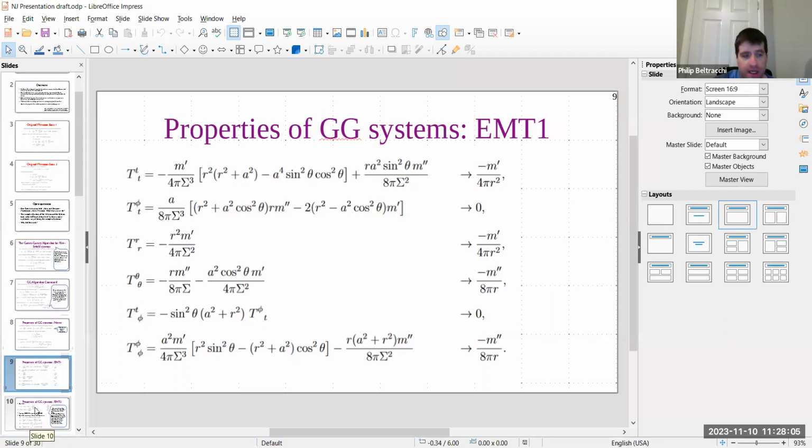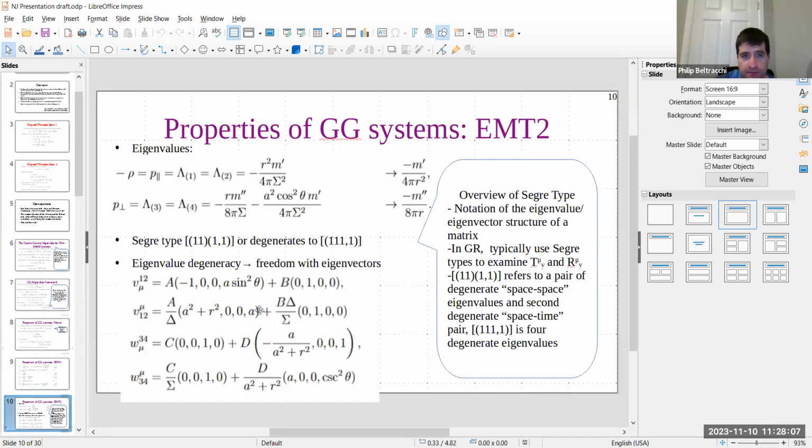If we diagonalize our rotating energy momentum tensor to determine the eigenvalues, we see that it has the same general structure. We have 2 pairs of degenerate eigenvalues, and these eigenvalues, when we set the rotation parameter to 0, go to what we were obtaining as our eigenvalues for the non-rotating case.